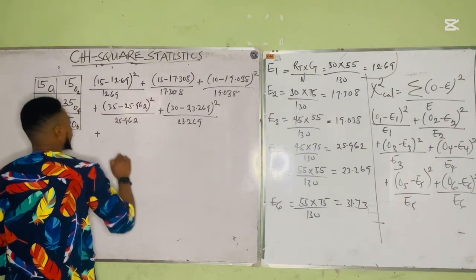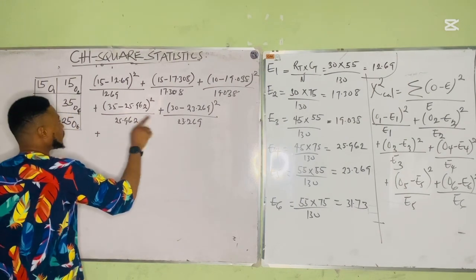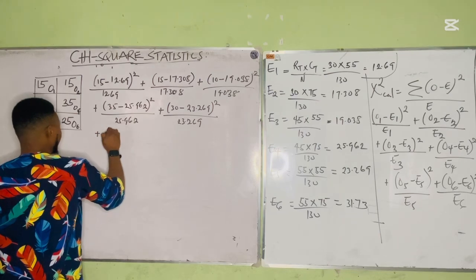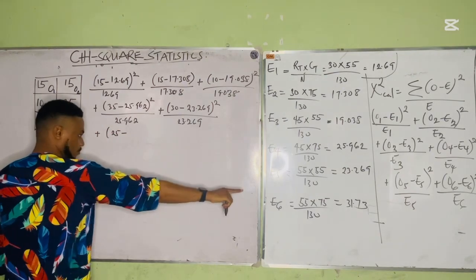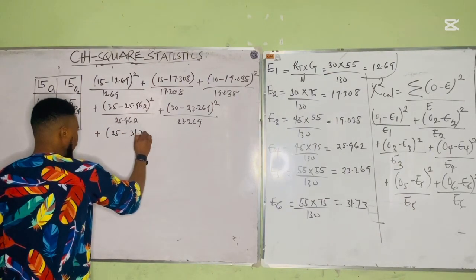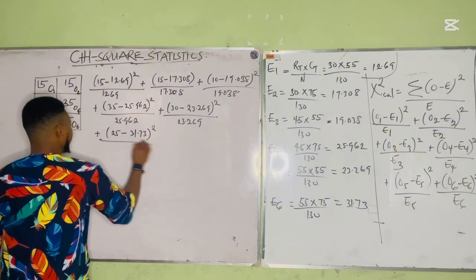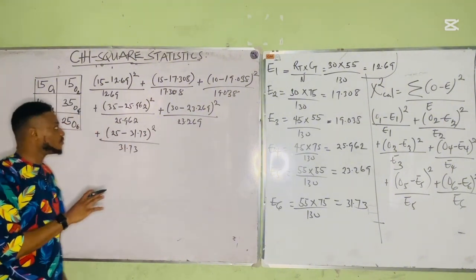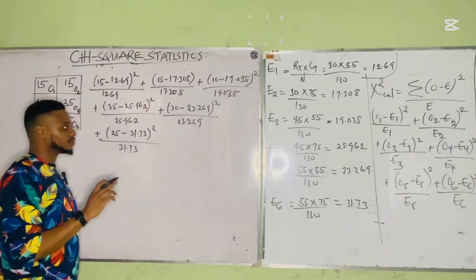Then plus O6, 1, 2, 3, 4, 5, 6. The sixth one, O6, is 25. So 25 minus 31.73, all squared divided by 31.73. So we are going to be adding all of this quickly.